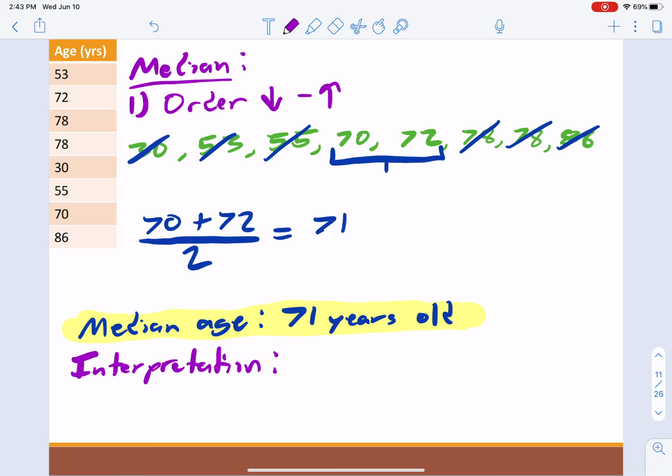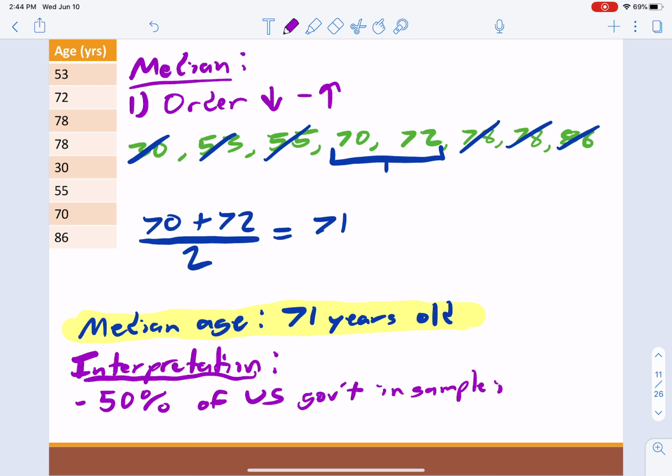Our interpretation here is that 50% of the U.S. government people in the sample is below 71 years.